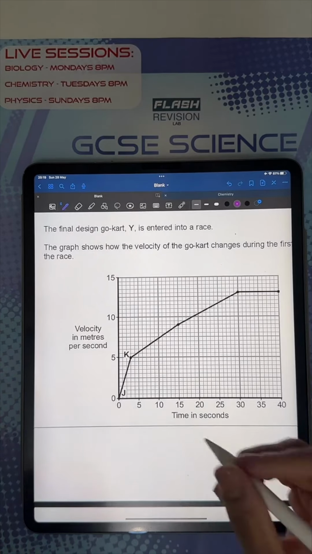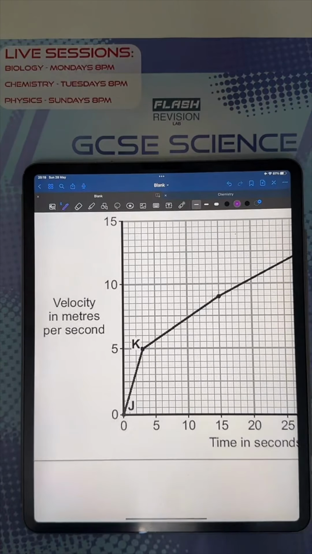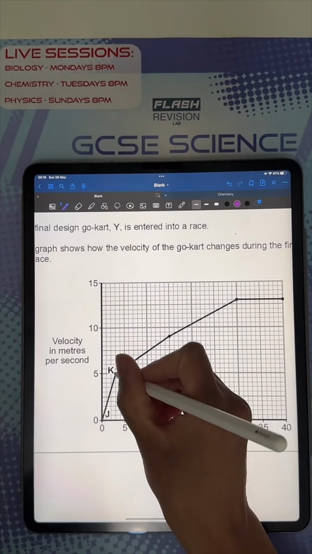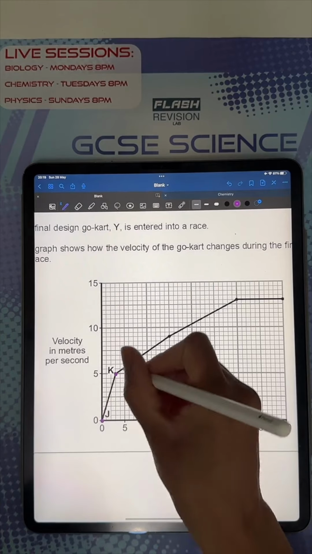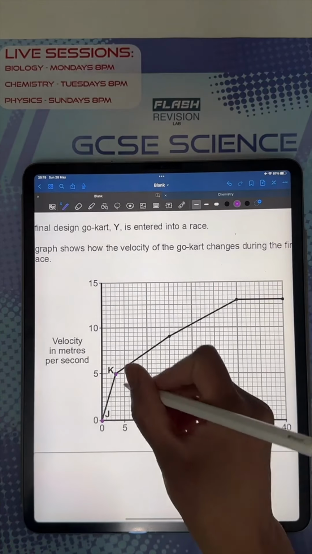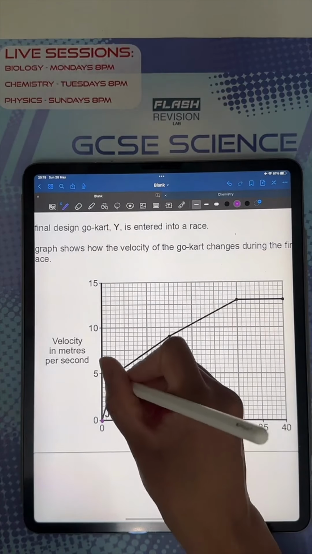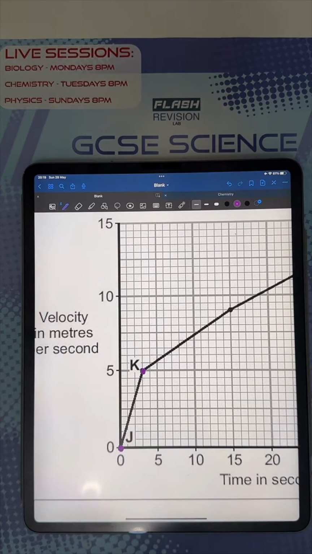Yeah, gradient, exactly. So you can work out the gradient, or you can do change in velocity over time, because it's changing velocity from 0 to 5, and it's doing it in a certain amount of time. So what is the velocity that's changing, and what's the time that's changing?